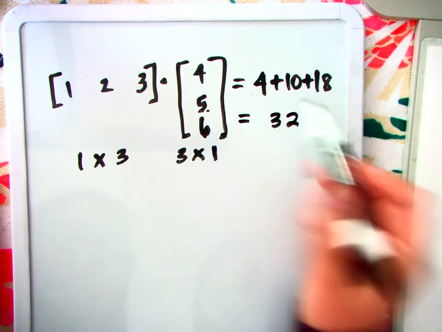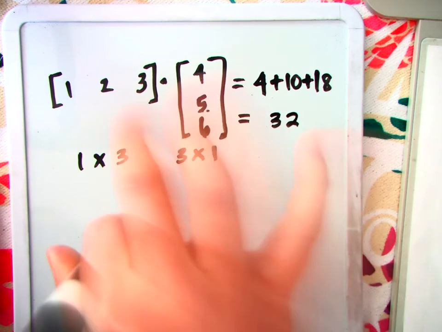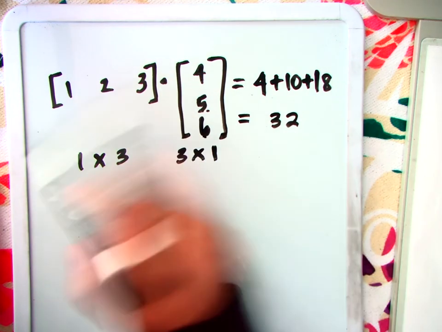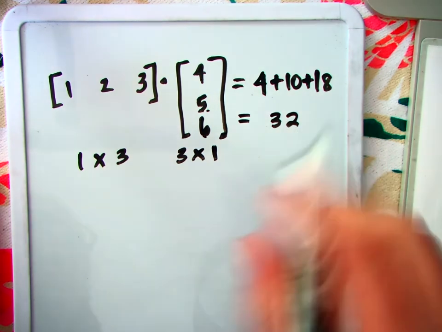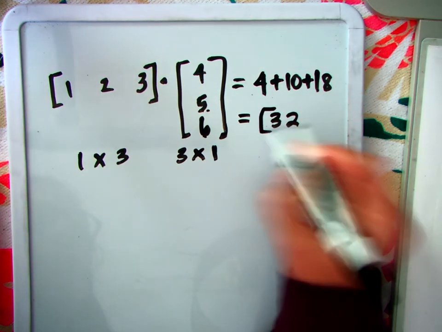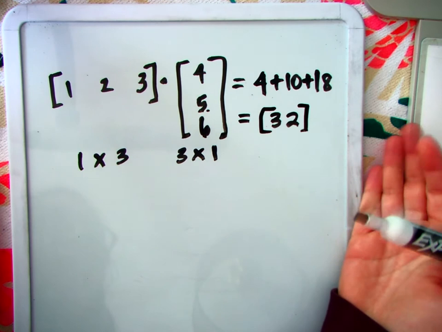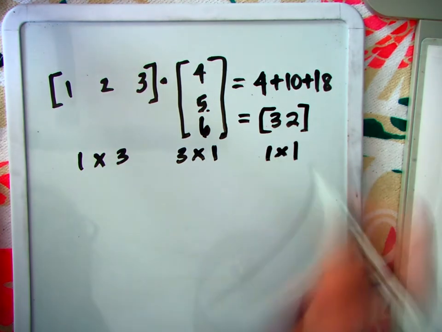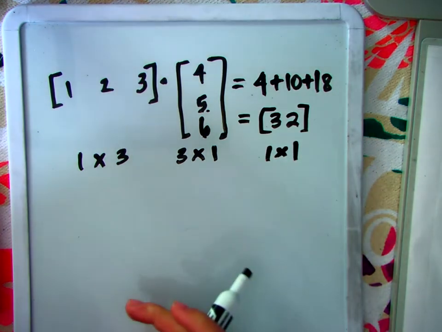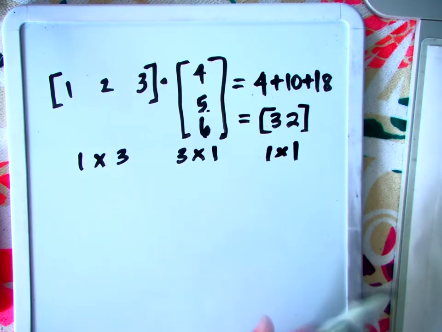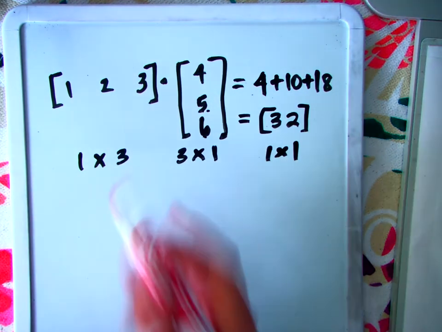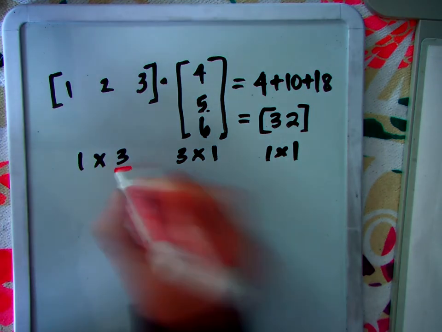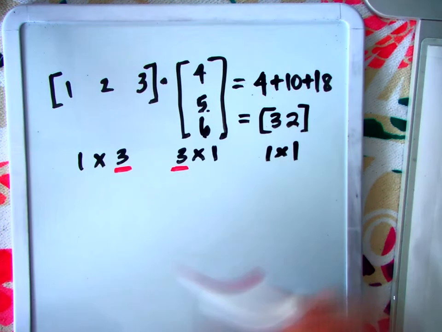Now, technically, this 32 is a matrix. When we multiply two matrices, or three matrices, or whatever, our answer is going to be a new matrix. So this is a new matrix. What are the dimensions of this matrix? Well, there's one row and one column. So this is important right now because it's developing a rule. In order to multiply any matrices, not just column and row vectors, any matrices, you're only allowed to multiply if these two numbers match each other.